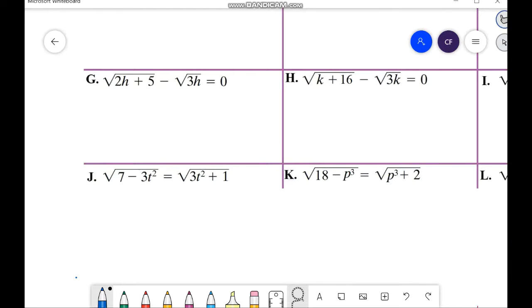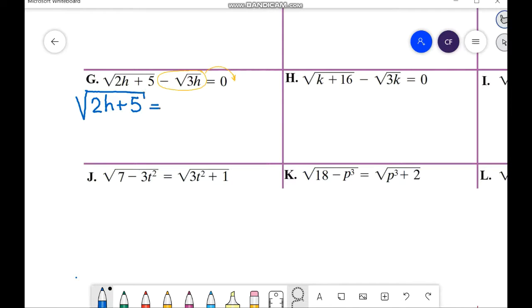For letter G, the first thing, isolate the radicals. So the radicals are here together on one side of the equation. Move this one that's negative to the other side. Okay? So you will have the square root of 2h plus 5.